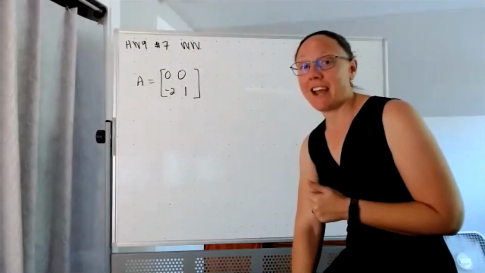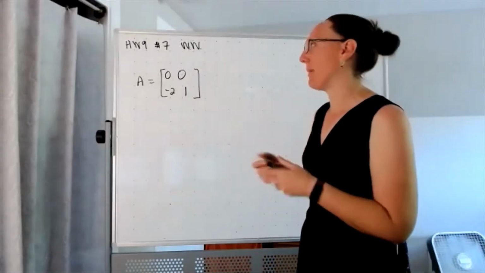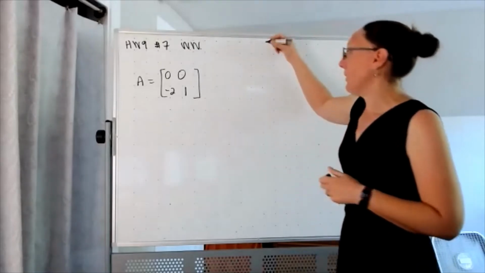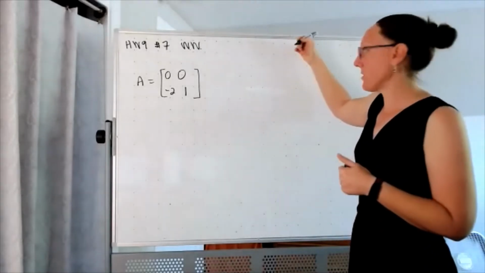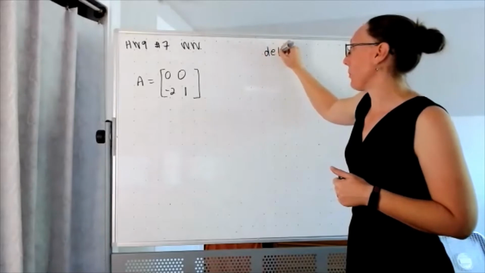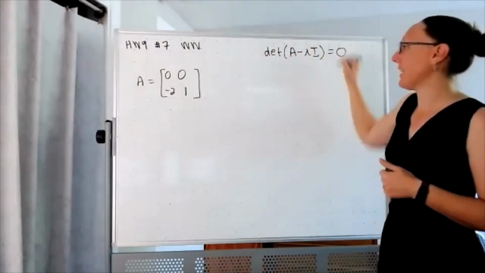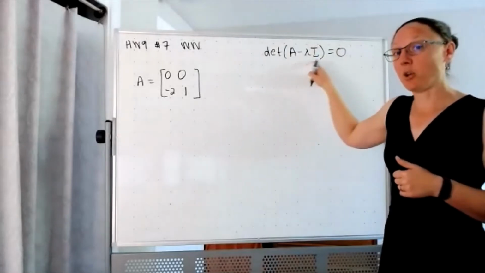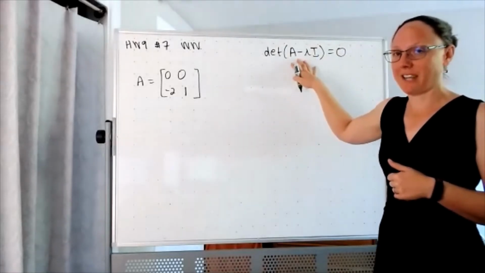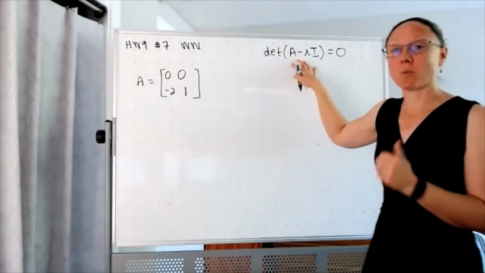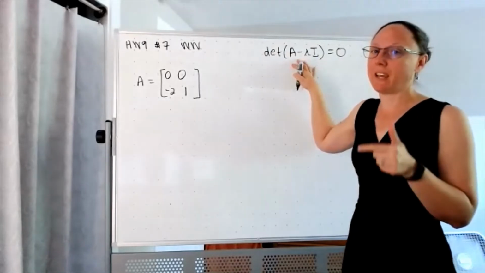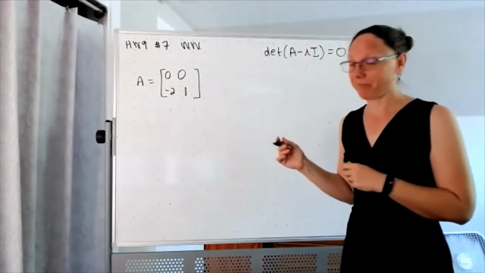So if I'm going to find eigenvalues and eigenvectors, my first step in finding the eigenvalues is to take the determinant of the matrix A minus lambda I and set that equal to 0. I usually construct this A minus lambda I matrix first because we're going to use it for the eigenvalues and use it for the eigenvectors.